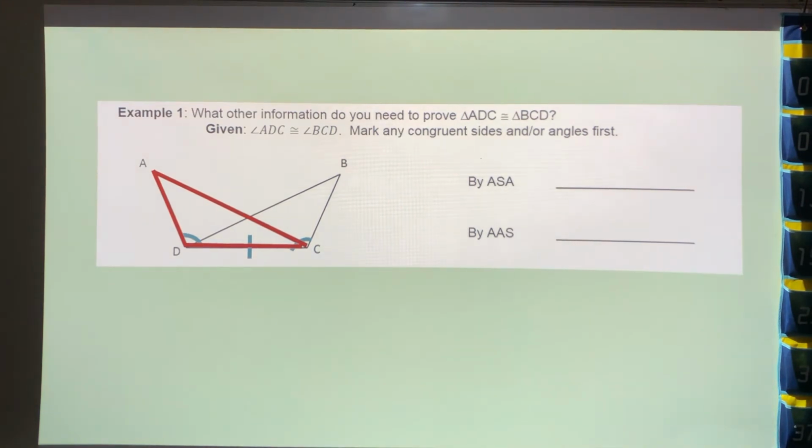If we look at this triangle, which I highlighted, we would have a side. Now the side on the bottom is congruent by the reflexive property. They both share the same side. So the other angle we would need is the angle on the right side. The angle on the right side is DCA in the red triangle and CDB in the green.